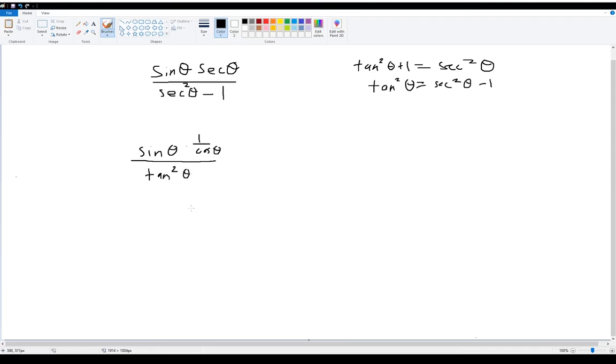And doing some simplifying in the numerator will give us tangent theta over tangent squared theta, and we just divide out the tangent theta, which will leave us with 1 over tangent theta. And from the reciprocal identities, 1 over tangent theta is equal to cotangent theta.